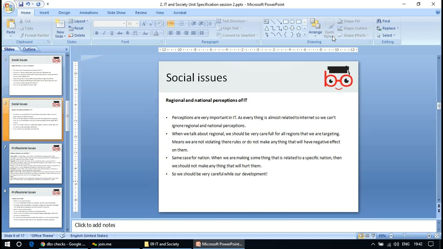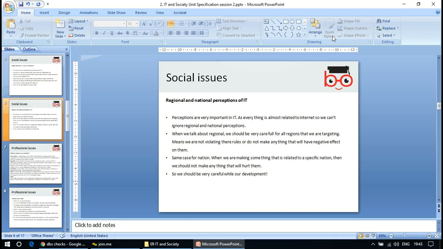Now, regional and national perceptions of IT. Perceptions are very important in IT, as everything is almost related to the internet. So we cannot ignore regional and national perceptions.